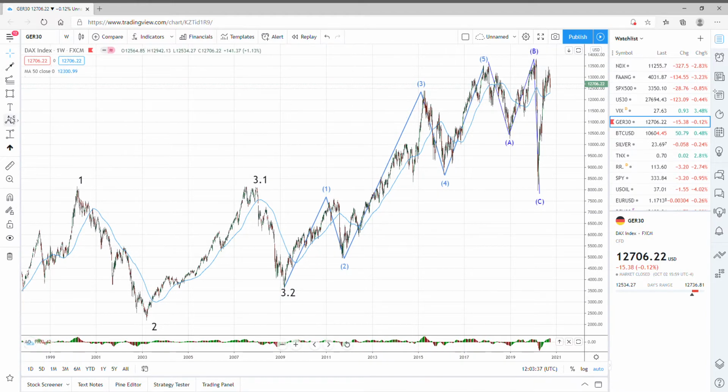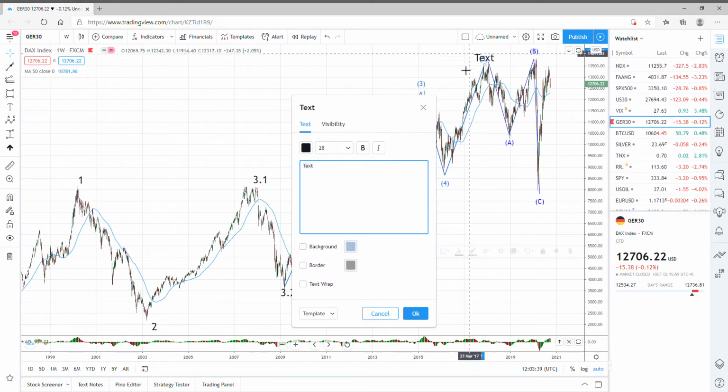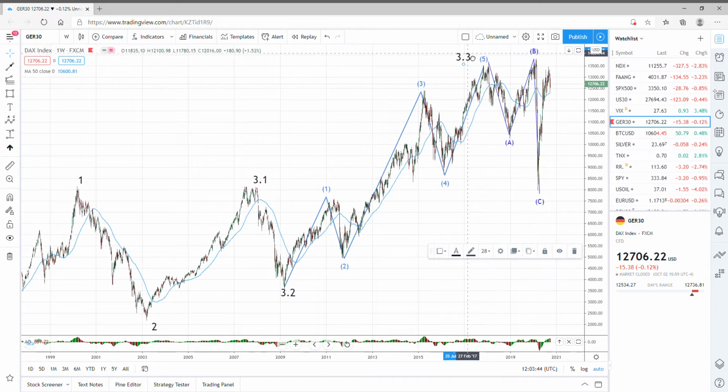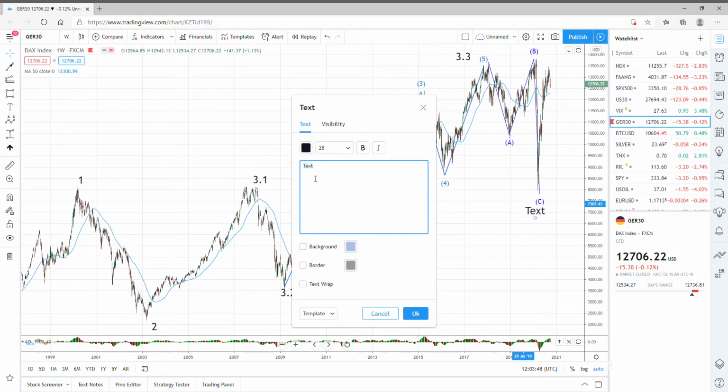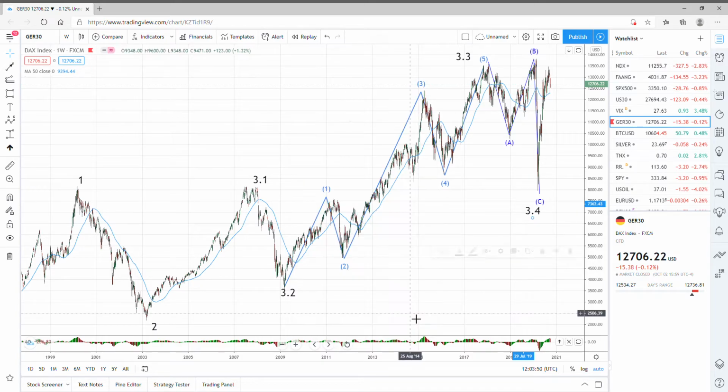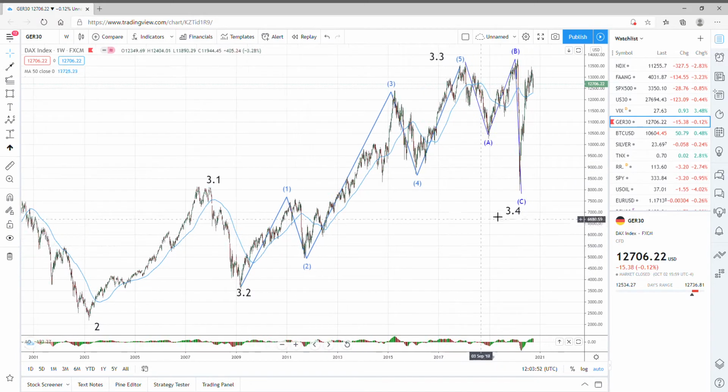Okay, I'll just finish writing this because this is crucial. Then we've got an ABC, which I believe was a 3.4. Okay. And now we're coming up to the 3.5.